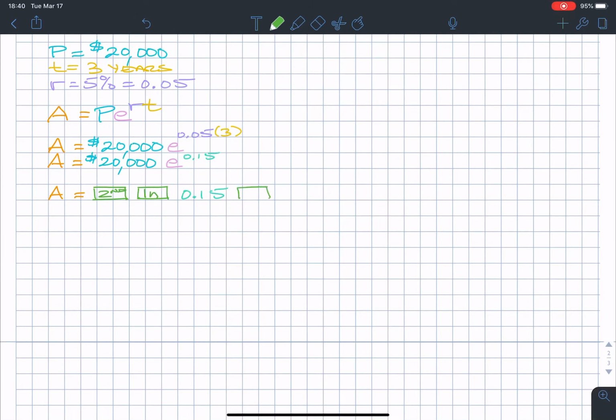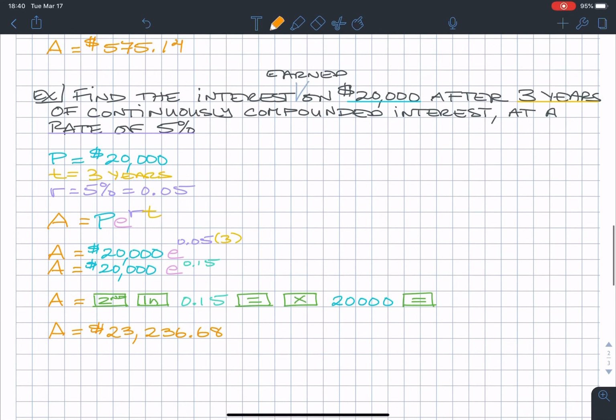So that will satisfy E to the 0.15. Then I'm going to multiply that by 20,000, and press equal. Now hopefully you get the amount, which actually isn't what I'm looking for, but you get an amount of 23,236.68. Okay, that's fine. That's an amount, but what am I actually looking for?